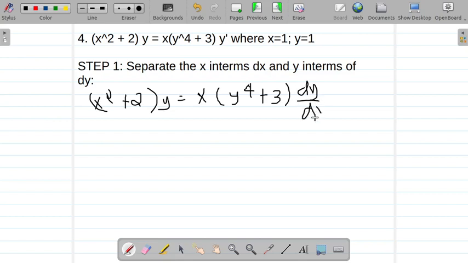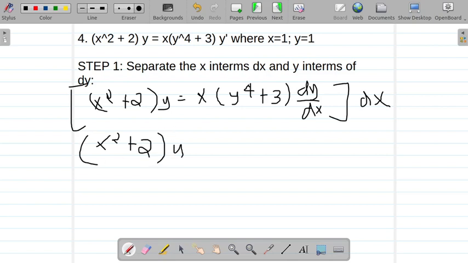So, if you multiply this equation by dx, we get x squared plus 2y dx is equal to x dy.